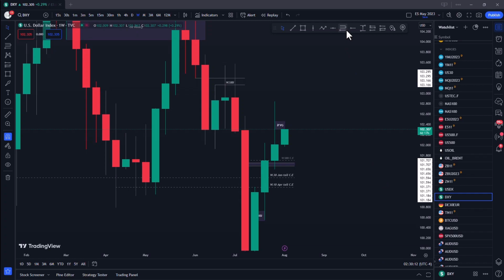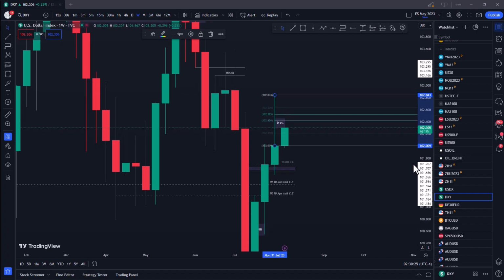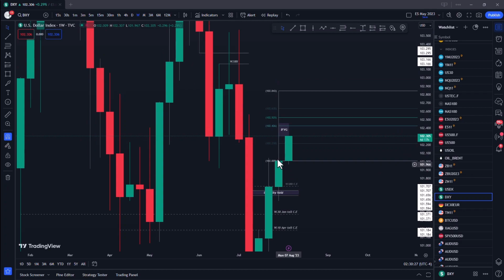So the first area that I want to point out is the last week's week, this long week right here. I wanted to point out the consequent encroachment of it, which we can see. This is the 0%, 25%, or 75% and 25%, whichever, but this is the quarter marks, and then this is the halfway mark, the cyan color, then this is the 62% mark.